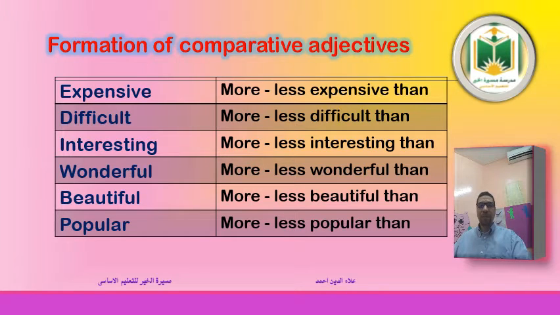For example, expensive, more expensive than, less expensive than, difficult, more difficult than, or less difficult than, interesting, more interesting than, or less interesting than, beautiful, more beautiful than, or less beautiful than, and so on.